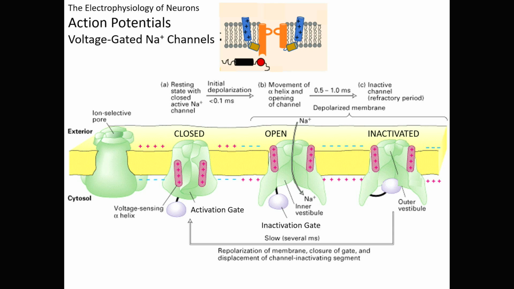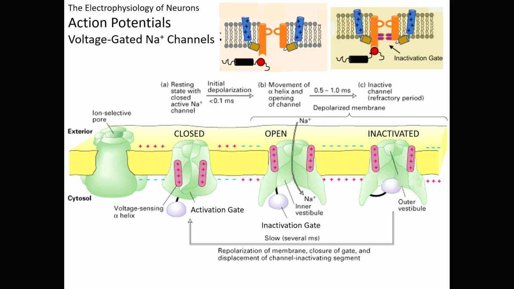So when the gate goes into its open state, that S6 helix undergoes a conformational change to expose a binding site for that IFM motif. And when the IFM motif senses that there is this binding site now on this S6 helix, it binds to it, and that is the trigger for the closing of the inactivation gate.